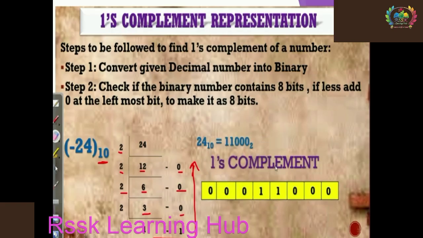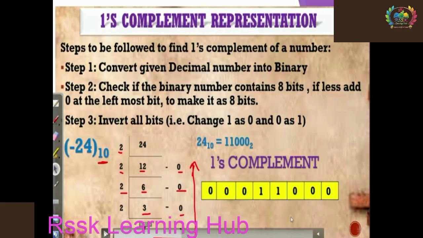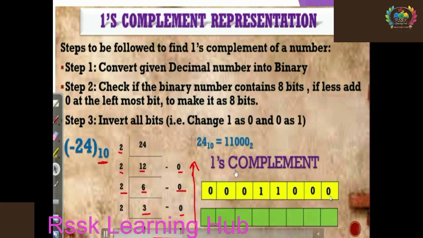Next, after representing it, you have to take the one's complement, which is your third step. Invert all bits, that is change 1 to 0 and 0 to 1. Here it becomes 1 1 1 0 0 1 1 1.